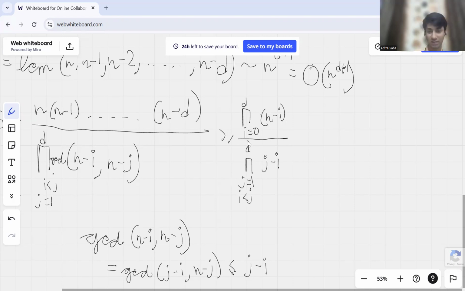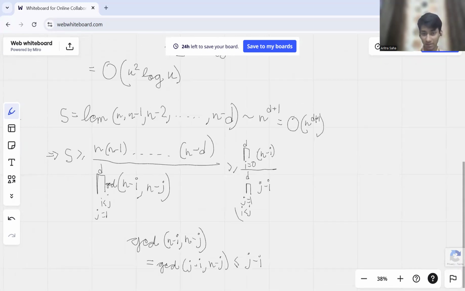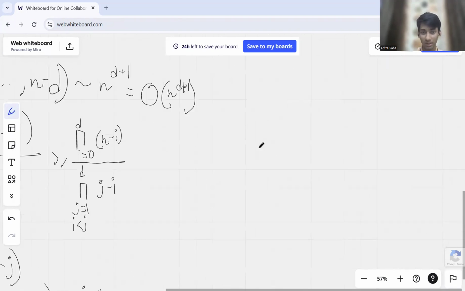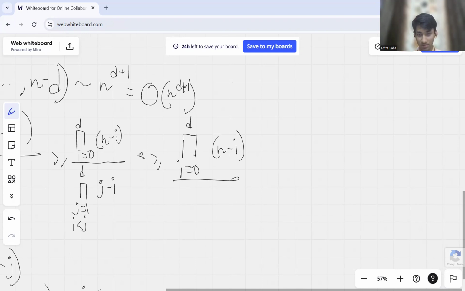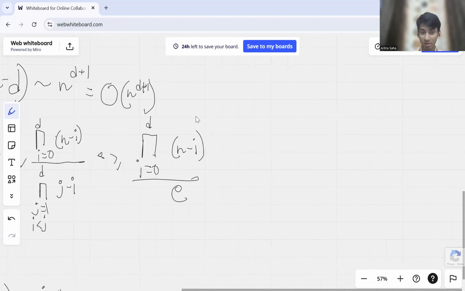Because d is a constant value, d is fixed, so this term will be fixed because we are multiplying every constant number, so it will be a constant. So we can just write this as greater than or equal to product of I from 0 to d of n minus I by some constant, which has the growth rate of n to the power d plus 1, because the numerator has growth rate of n to the power d plus 1 and we have the constant term which won't matter. So the growth rate will be similar to n to the power d plus 1.